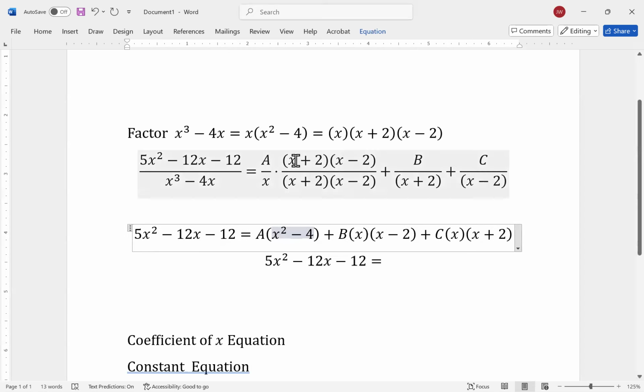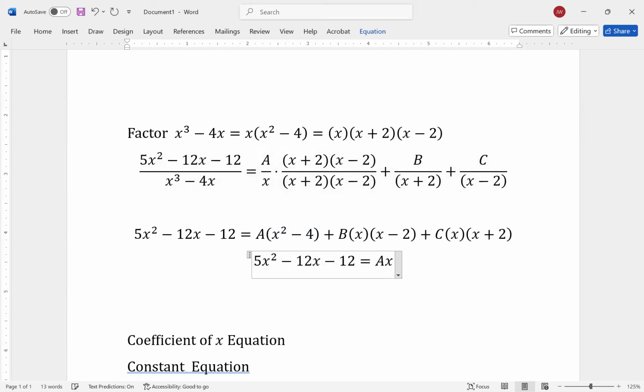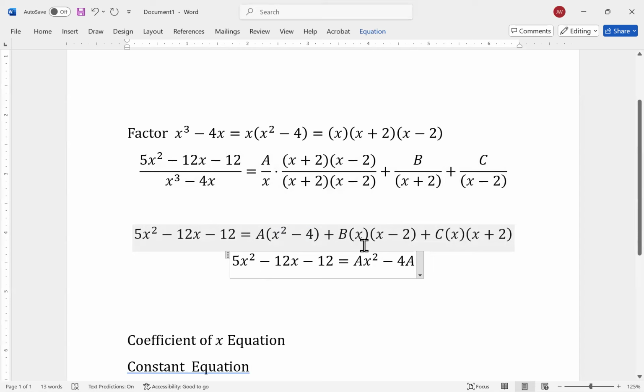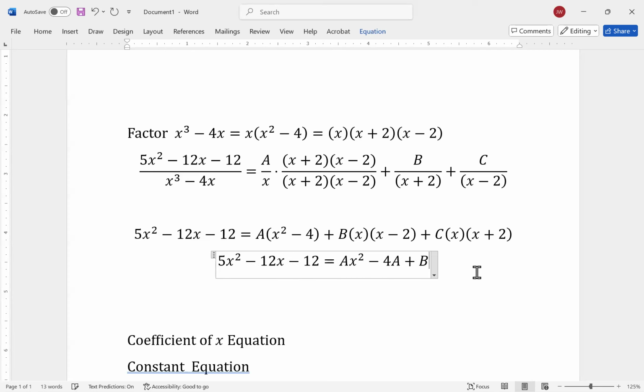That's what you get when you take x plus 2 times x minus 2. So I'm going to get an Ax squared minus 4A. When I multiply Bx times x and then Bx times negative 2, I get a Bx squared minus 2Bx.